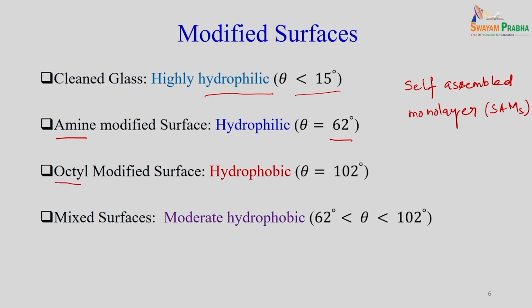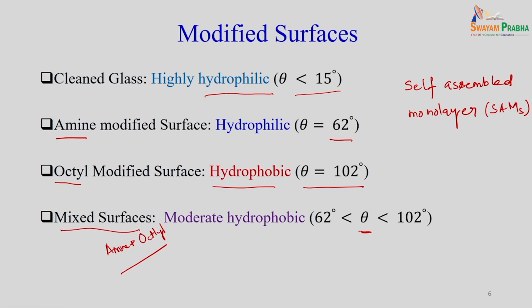We also modify with the octyl functional group, its contact angle was 102. So, it is a hydrophobic surface. We also form different mixed surfaces by mixing the amine plus octyl in different ratios. If you remember the Cassie equation, the contact angle will be intermediate between these two values.